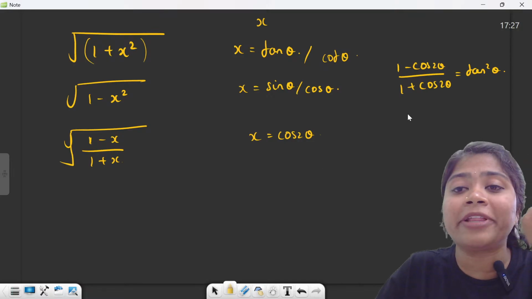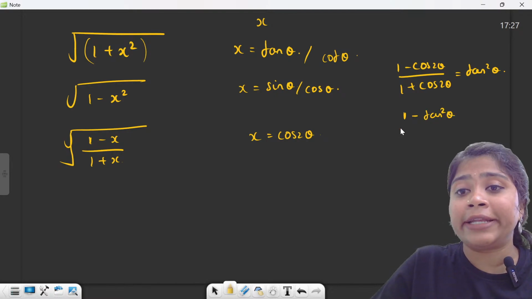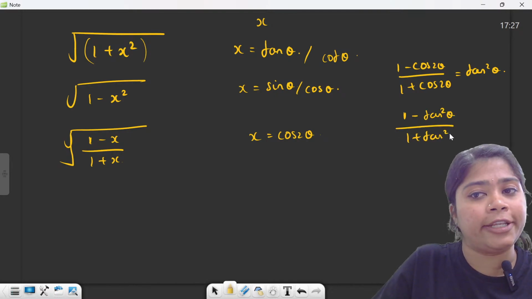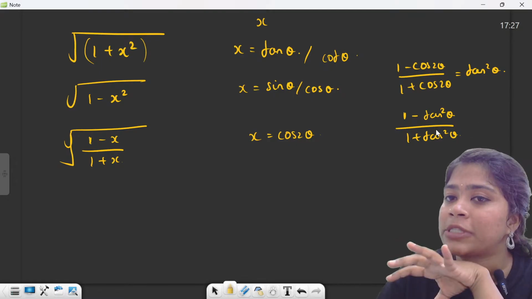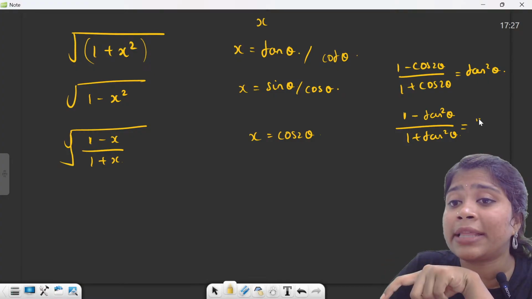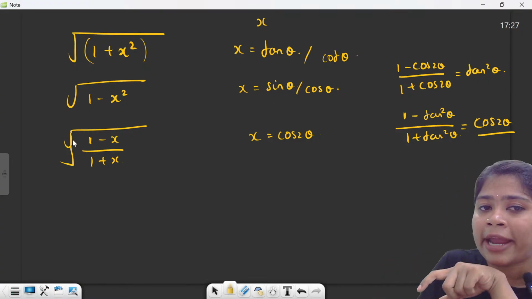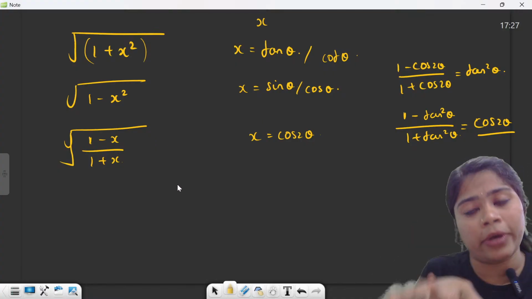Some students may think, ma'am, why can't we use 1 minus tan square theta divided by 1 plus tan square theta? You can use this also. But what is the formula for this? This is nothing but cos 2 theta, right? But if I write cos 2 theta, there is still a square root.